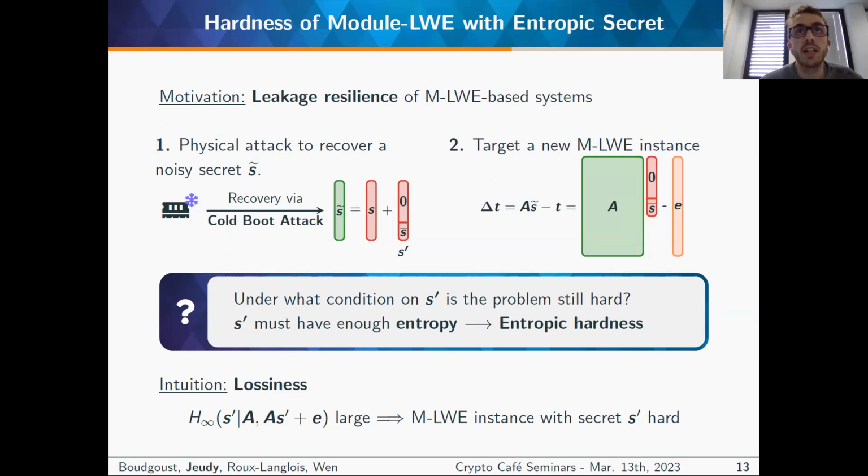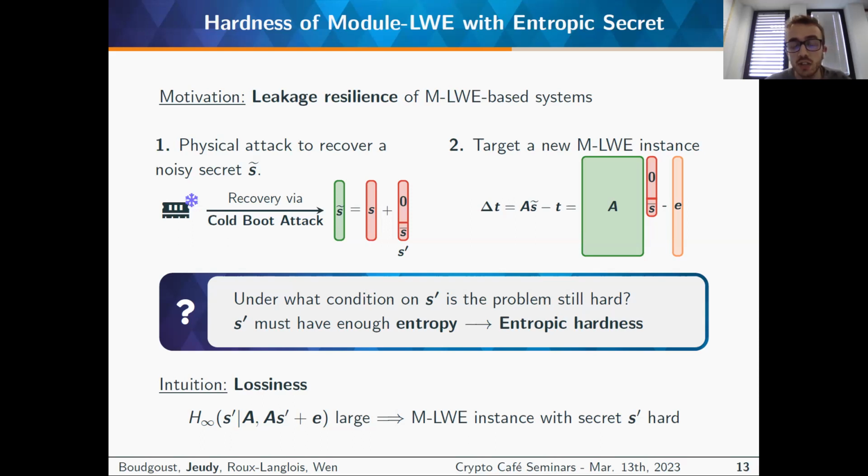So the cold boot attack, essentially, your secret S is your long-term secret key, so it's going to have to be stored in RAM at some point when you want to perform decryption, or signature in the case of Dilithium. So you're going to have to store this element in random access memory, and the data stored in RAM should be volatile, in the sense that it should be erased once it's not used.